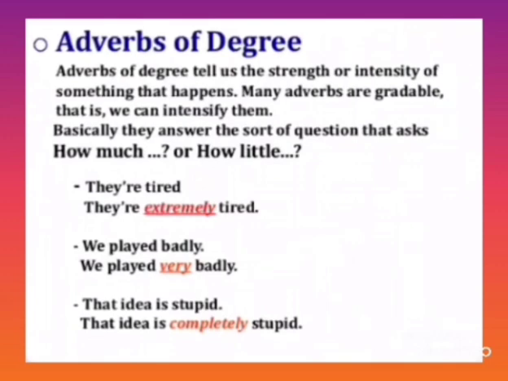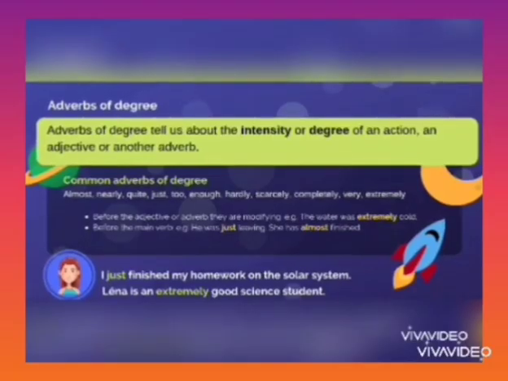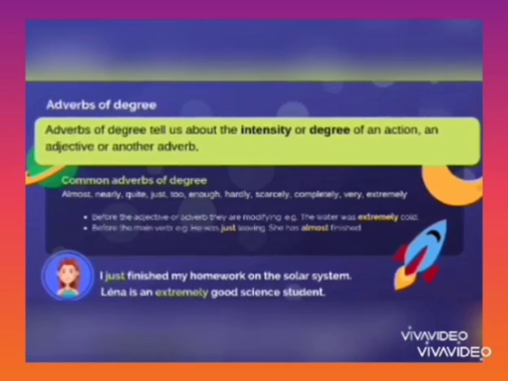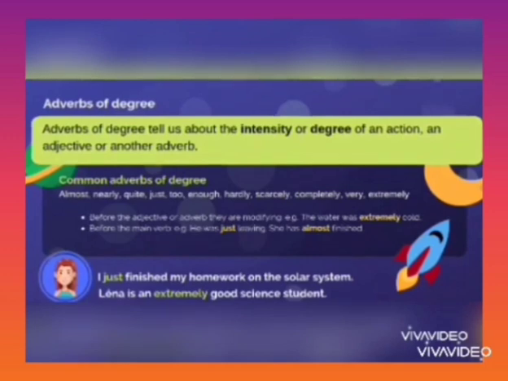They are extremely tired. So how much are they tired? They are extremely tired. We played badly. Adverbs of degree tell us about the intensity or degree of an action, an adjective or another adverb. Lena is an extremely good science student. I have just finished my homework on the solar system.